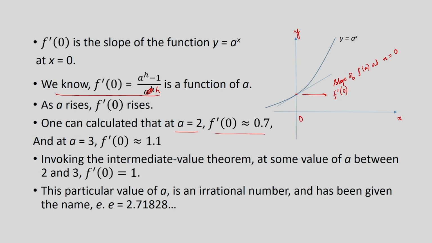That is the slope of this line. And if you take a higher value of small a, suppose small a is equal to 3, then f dash of 0 actually rises, and it is approximately equal to 1.1, right. That is what is meant by this, that as small a rises, the slope of this function at x is equal to 0 rises. So, basically this tangent is getting steeper and steeper.